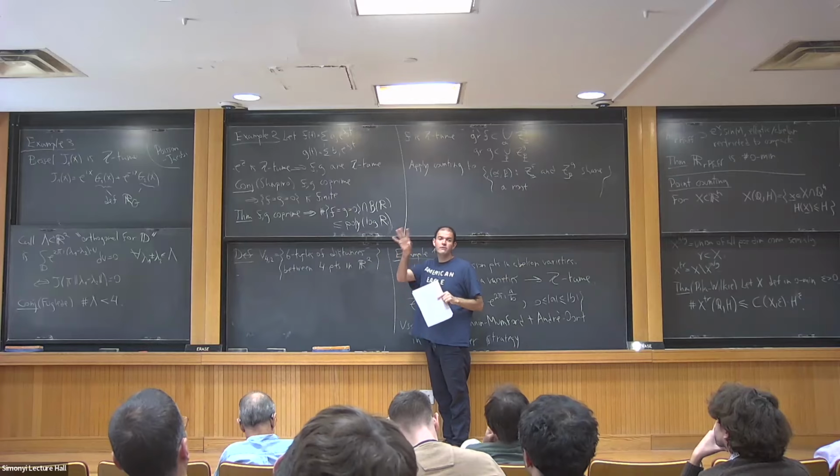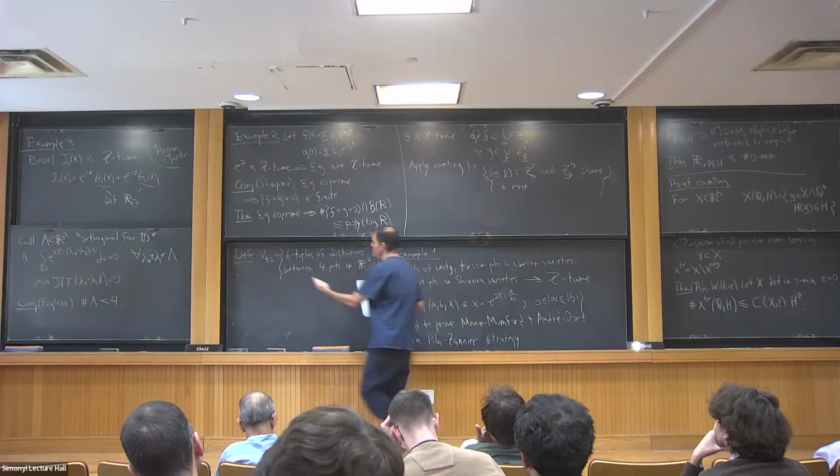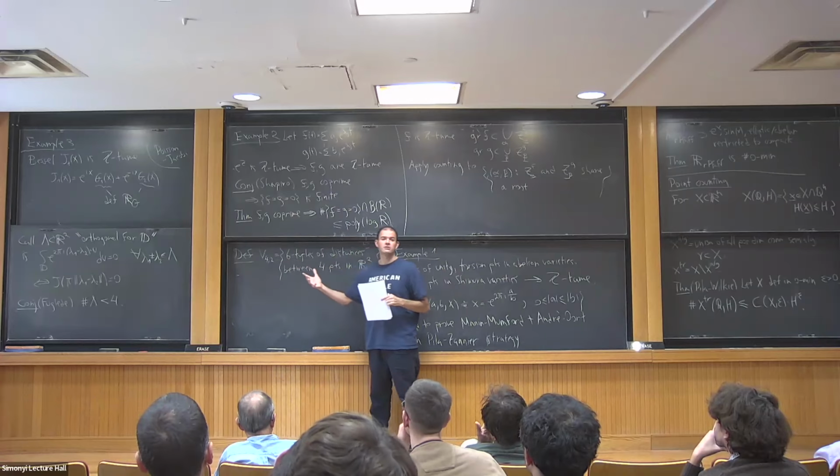So I'm taking 4 points in R^2, and then I have 6 distances, and I'm claiming that this thing is a proper algebraic, well, it's semi-algebraic, but it's contained in a proper algebraic subvariety.